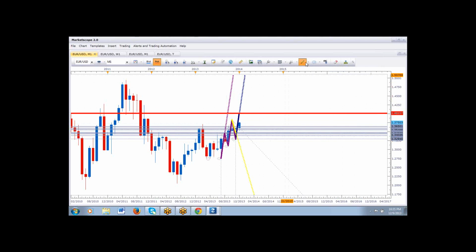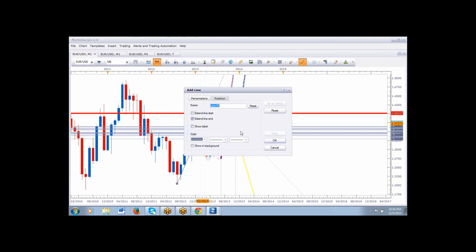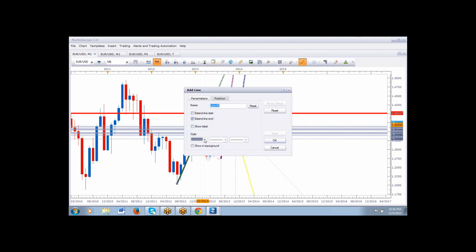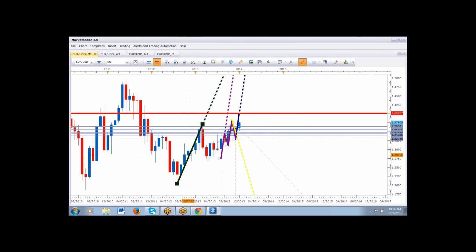Go, actually don't freehand, high and low. Put a different color, make it green, I'll make that a little bit fatter, and one more time, green, and watch this.